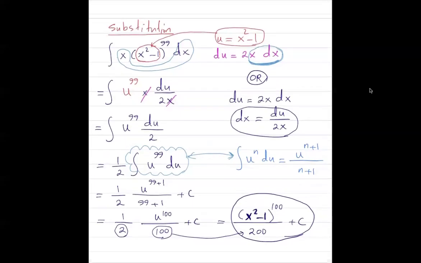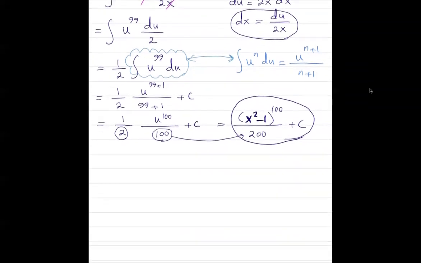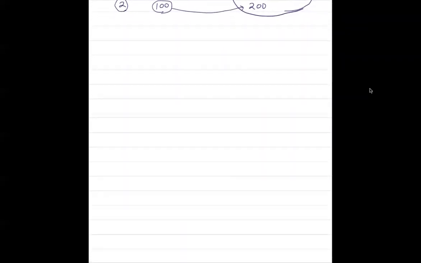So far we saw that if we have a quantity and it has some exponents, we take that quantity to be u. Now, suppose that quantity is on the denominator. Let's take a look at this case. Here we have the integral of dx divided by (2x plus 1) to the second power.